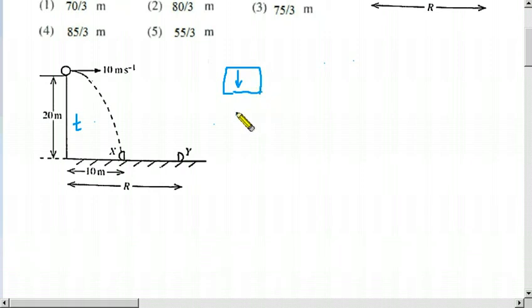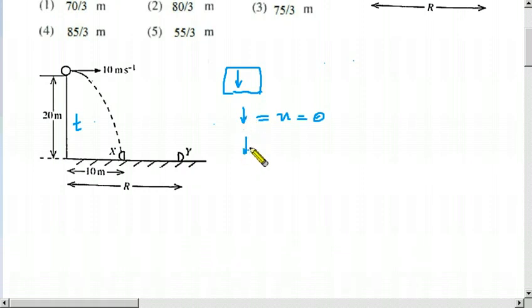Downwards u equals 0 because the initial velocity is horizontal. There is no angle, totally horizontal. Therefore no component downwards.